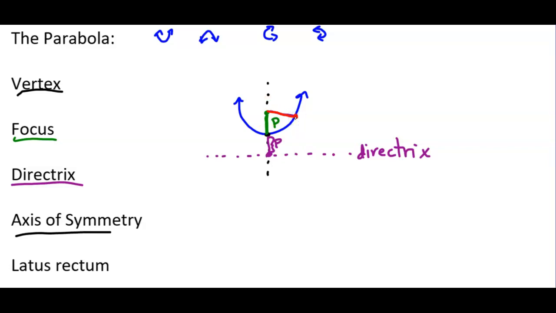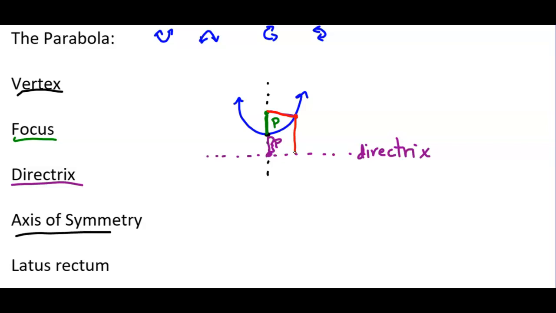And if you drop a perpendicular from that point to the directrix, those two distances have to be equal. Obviously my parabola is not right because those distances aren't equal, but pretend like I drew a good parabola, and that would happen. And you could do that for future parabolas.